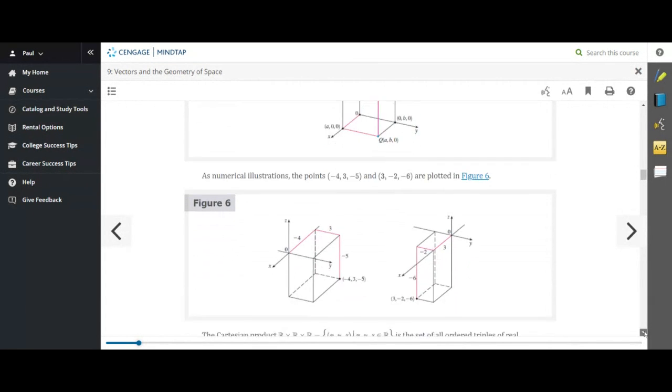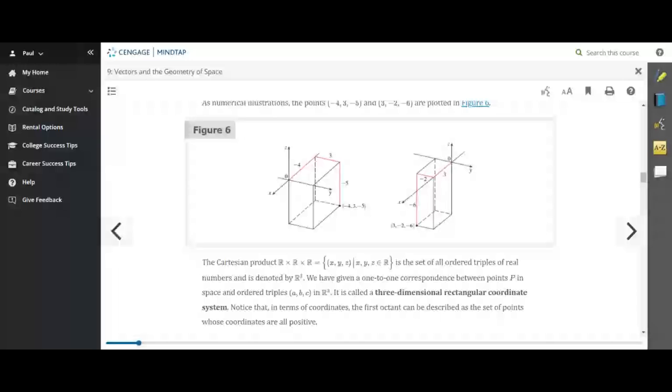Okay, figure 5 is nice, but let's look at figure 6. In figure 6, they have 2 graphs. The first graph on the left, they're plotting the point with coordinates -4, 3, and -5.